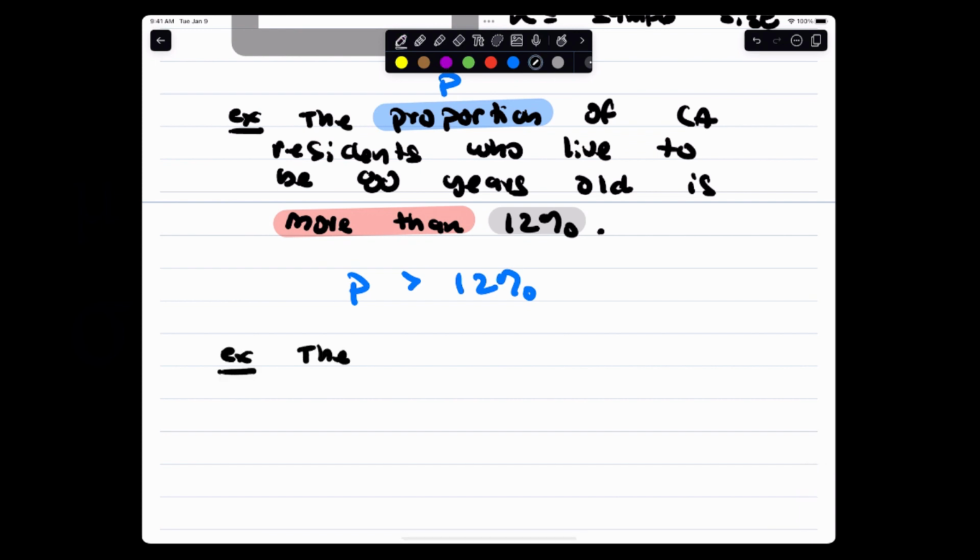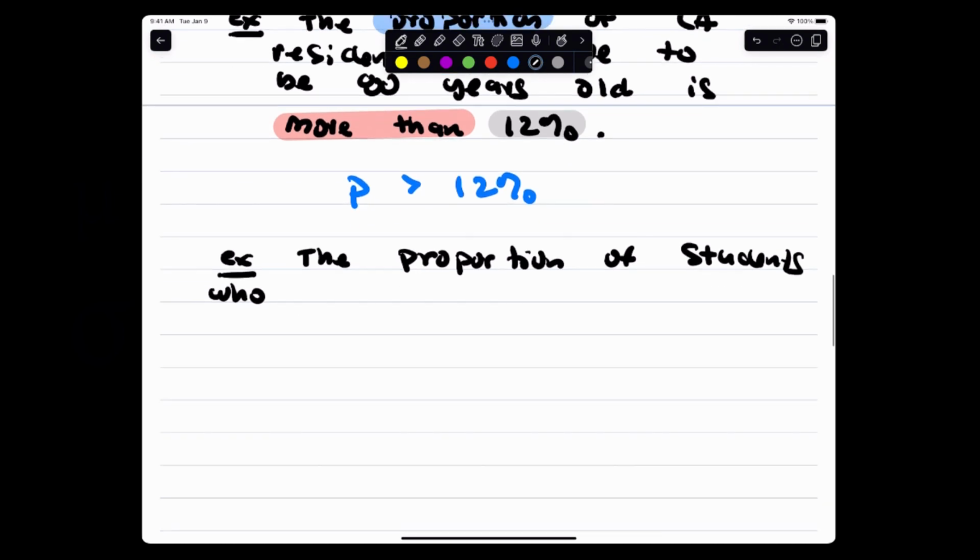How about this? The proportion of students who, let's say, smoke. I'm not going to say what they smoke. And that's again college students, not high school or middle school, is less than, I'll say, 20% now. Okay? This is another example of hypothesis.